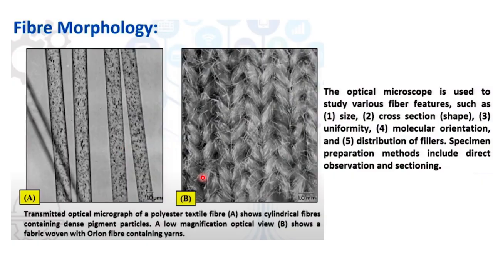In case of B, at the 1 millimeter scale, it is clearly visible that it is a woven type fabric, orlon fiber basically, and there are different protrusions observed here. But here no such protrusion is visible, but you can probe further to see the single thread of the fiber.